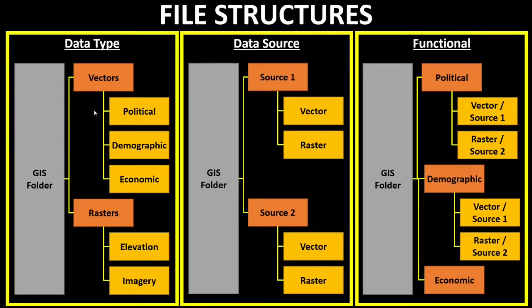And these folders in orange should really reflect the most important aspect of the work you plan on doing with QGIS. Going on to functional, once again, this is almost an inverse of your data type, where you would put down, in my case, political, demographic, economic, and then within these you would have your vectors and your rasters.